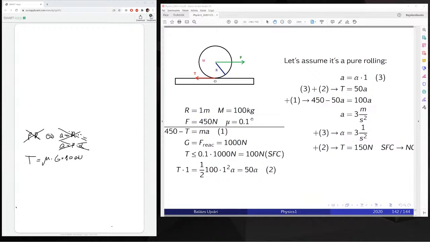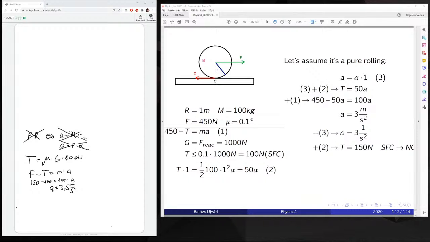And look at it, in this case, if we say F minus T equal M times A, we don't have to combine any more equations, since this is 100. 50 minus 100 equal 100 times A. The A is 3.5 meter per s square. That was for translation.